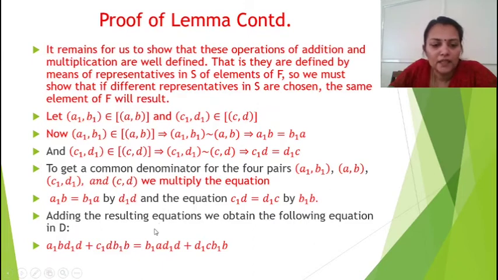Adding the resulting equations, we obtain the following equation in D. Here we are multiplying with d1d, so a1b d1d plus, multiplying by b1b, c1d b1b, which is equal to the right side b1a d1d plus d1c b1b.